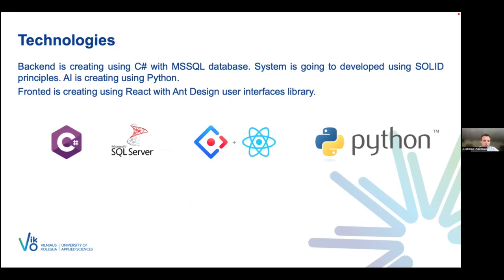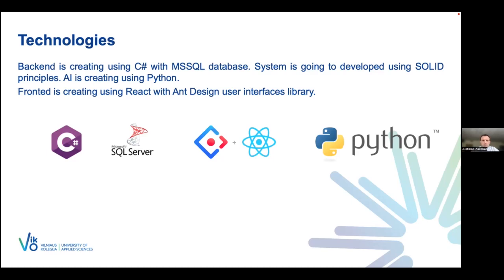Now I can talk about the technologies we use in our system. The backend team works with the C# programming language using an MSQL database to manipulate data. C# and MSQL are the most popular environments to create the backend part.